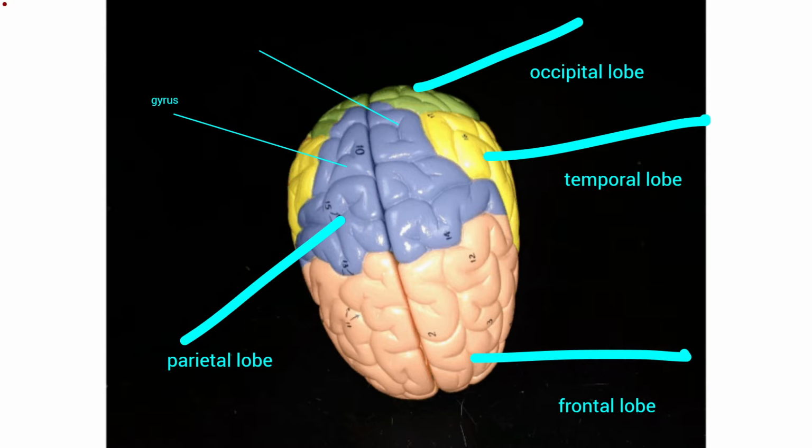And the depressed areas, each one is a sulcus. So the sulcus is the depression, the raised area is the gyrus. Each side is referred to as a hemisphere. And so this line dividing the hemispheres is called the longitudinal fissure.